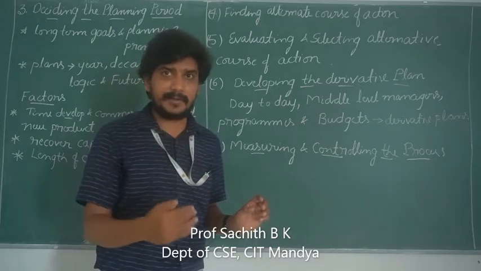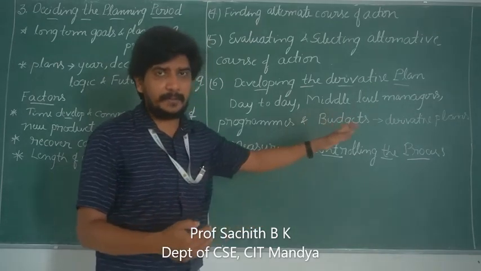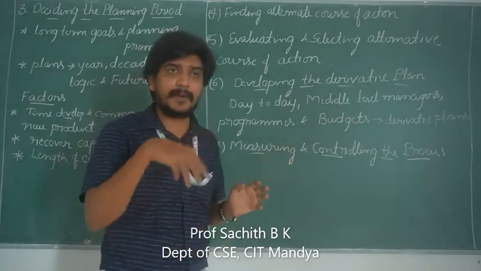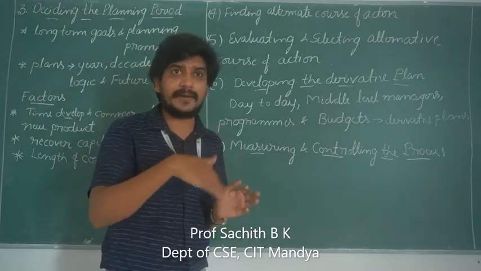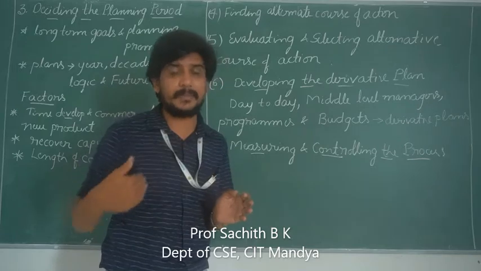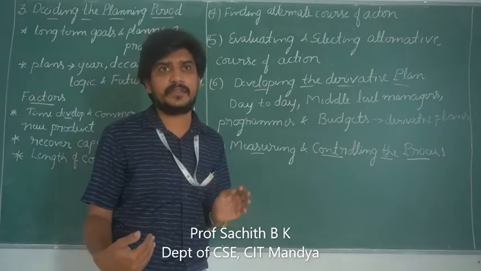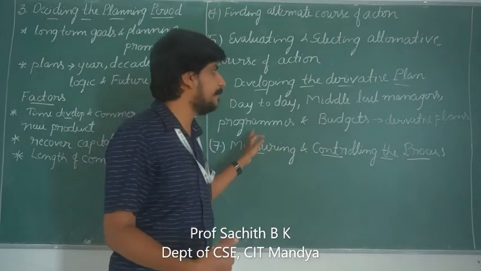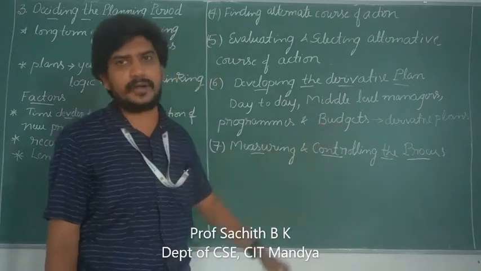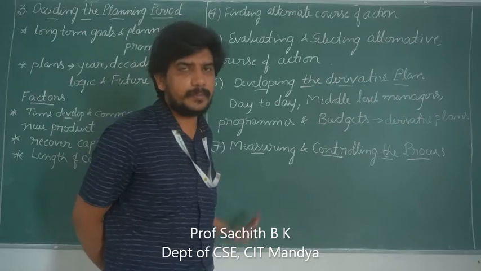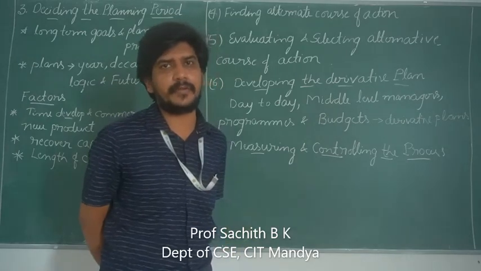In order to implement those smaller plans, the middle level managers need to make the proper programs and the proper budgeting, which has to happen at the middle level, or it might be at the lower level also. Such a process of making programs and budgets by your middle level managers is called a derivative plan. These programs and budgets can be called the derivative plan.